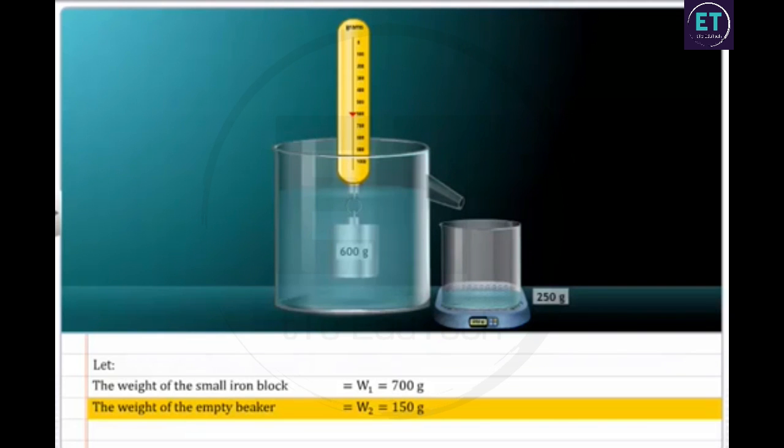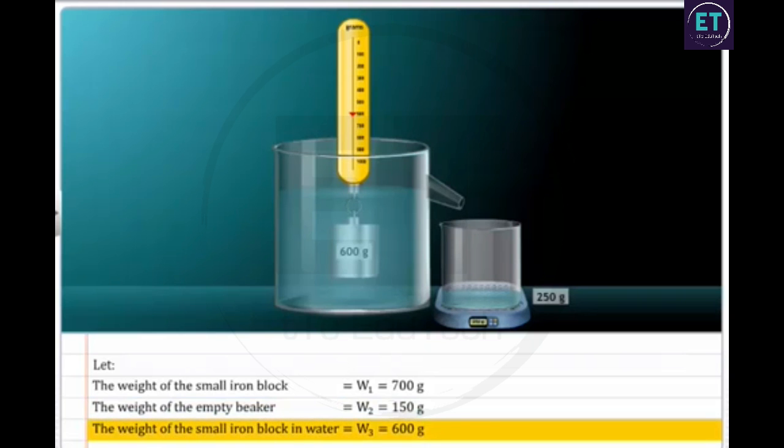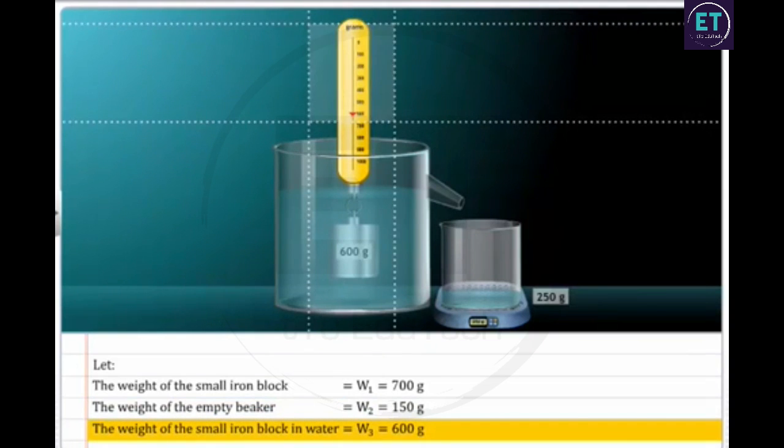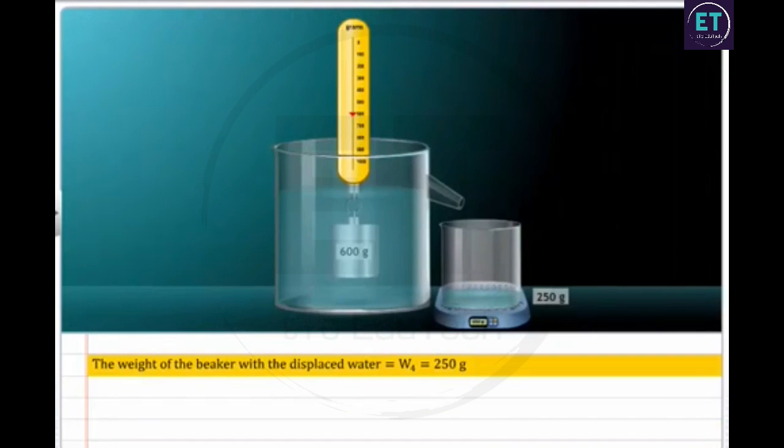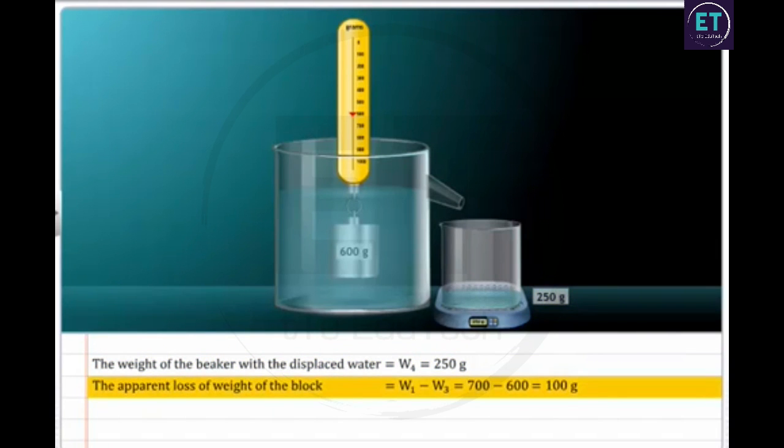Now, note the weight of the iron block in water as well as the beaker with the displaced water. The weight of the iron block in water, say W3, is 600 grams. The weight of the beaker, say W4, is 250 grams. Thus, there is an apparent loss in the weight of the iron block.